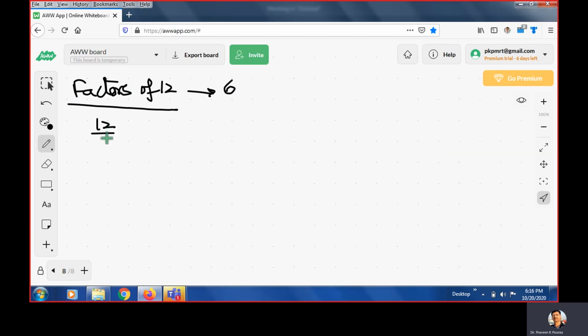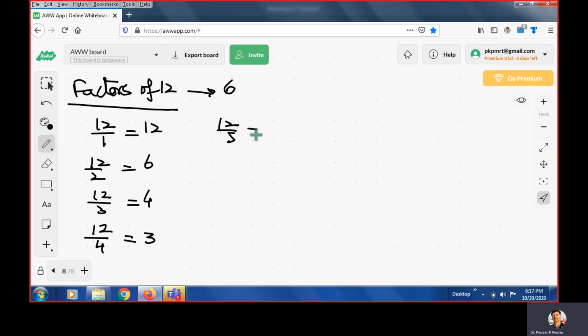Clear? 12 upon 1, it is 12. 12 upon 2, it is 6. 12 upon 3, it is 4. 12 upon 4, it is 3. 12 upon 5, it is 2.4. 12 upon 6, it is 2. And 12 upon 12, it is 1.